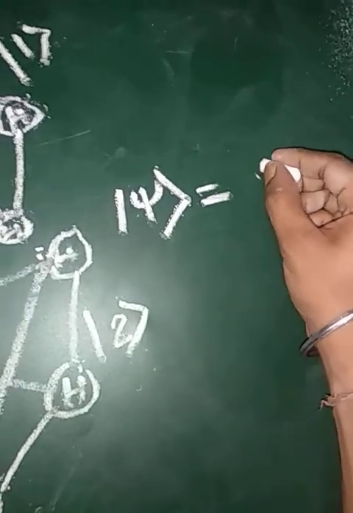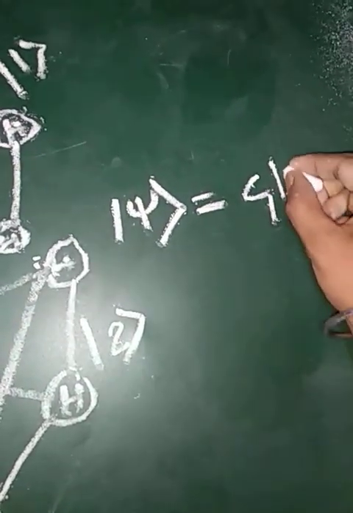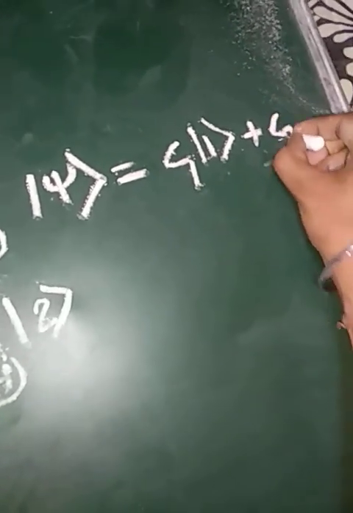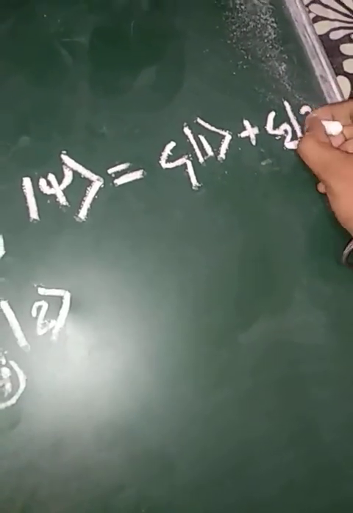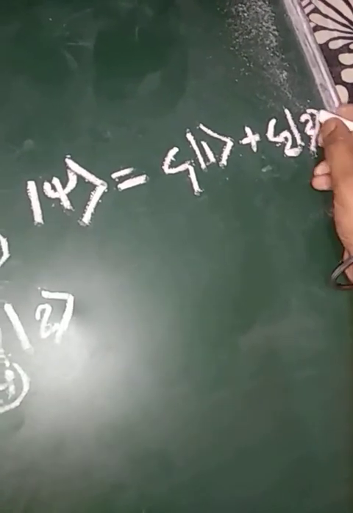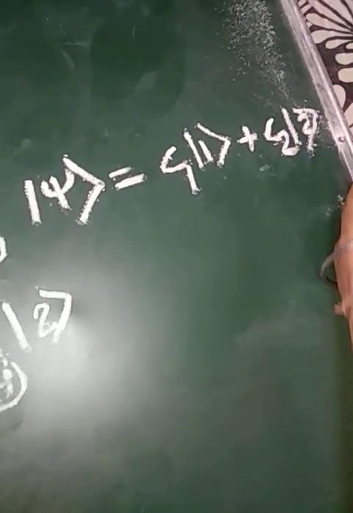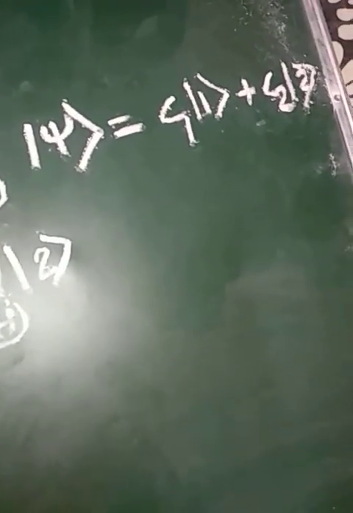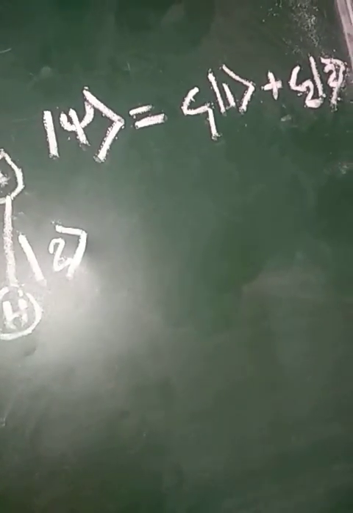Then this thing can be written as C1 state 1 plus C2 state 2, isn't it? This is a hard and fast notation for it, simple as it will do.